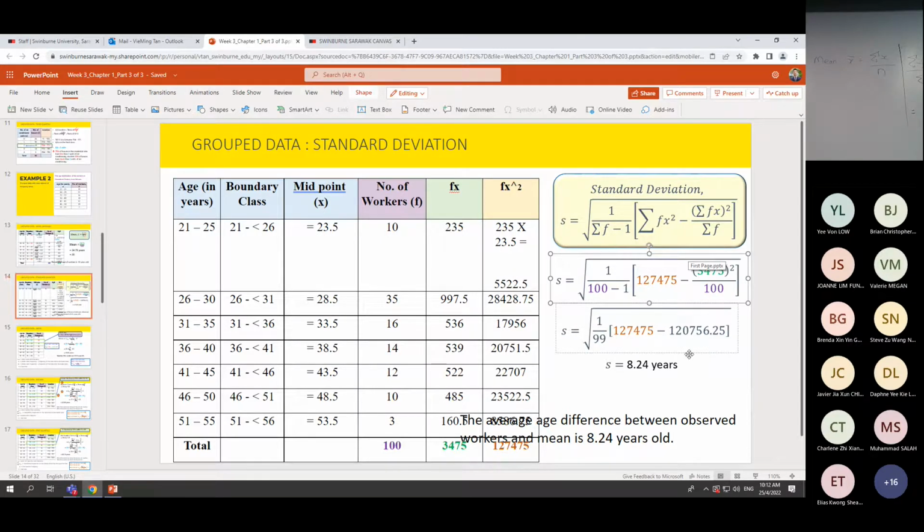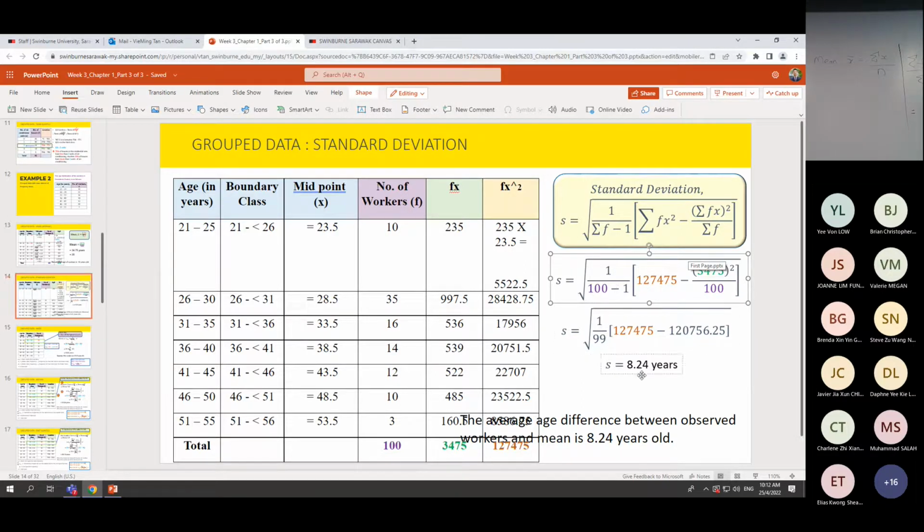The value you get should be less than 127475. This is the way you check your answer. If the value is greater than 127475, something is wrong, so double check your answer. Then you can simplify this as well.